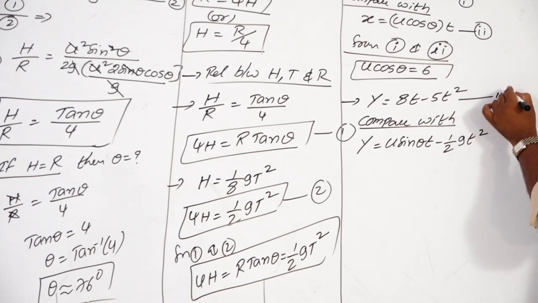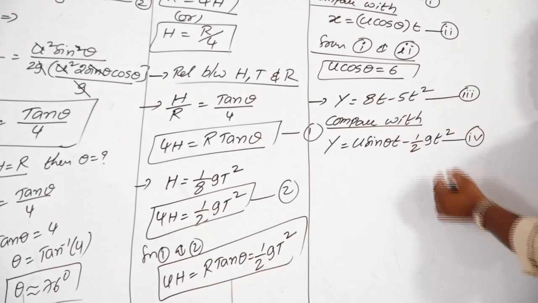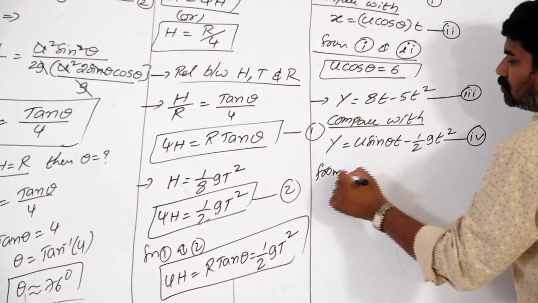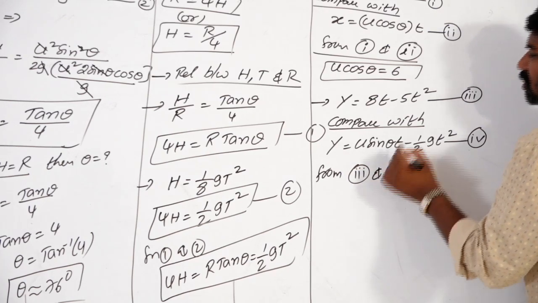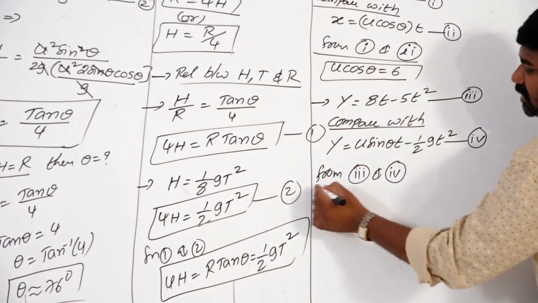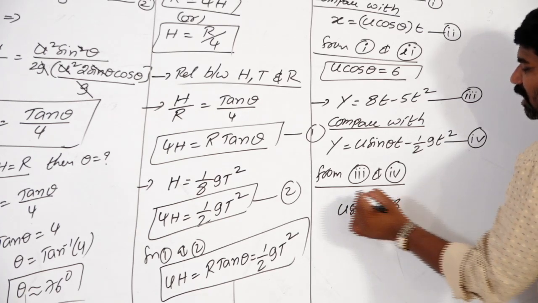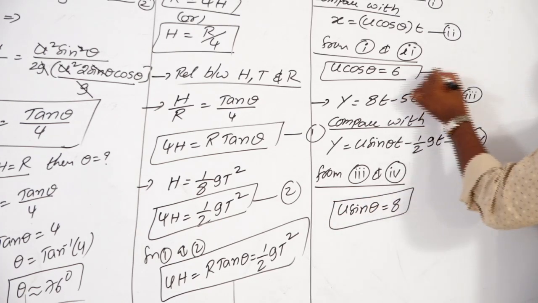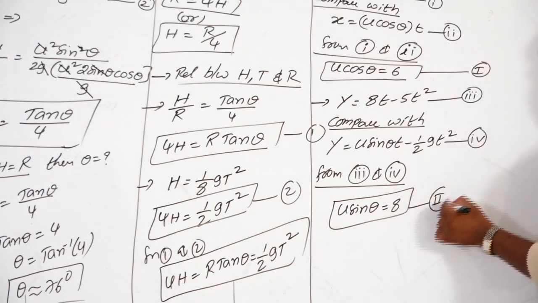This is nothing but third one and this is nothing but fourth one. Here from 3 and 4, u sin theta is equal to 8. This is nothing but equation number 1 and this is nothing but equation number 2.